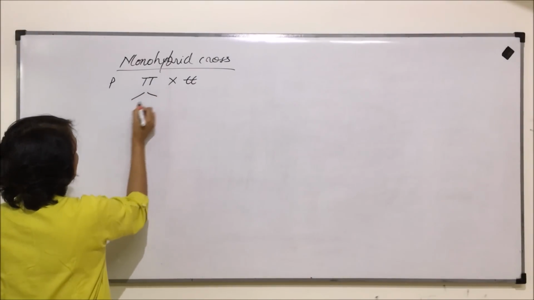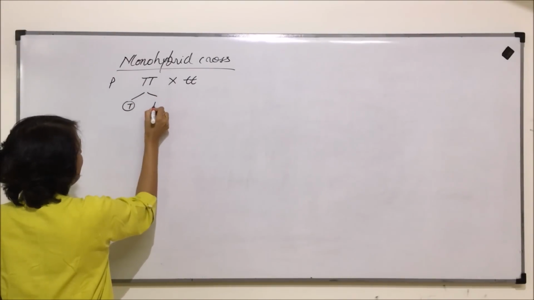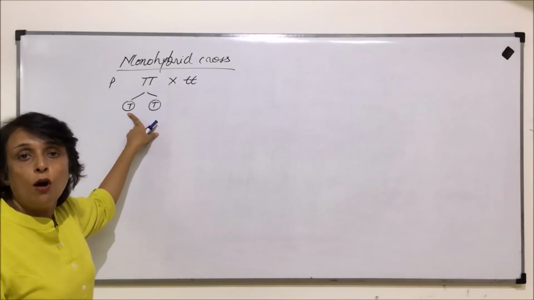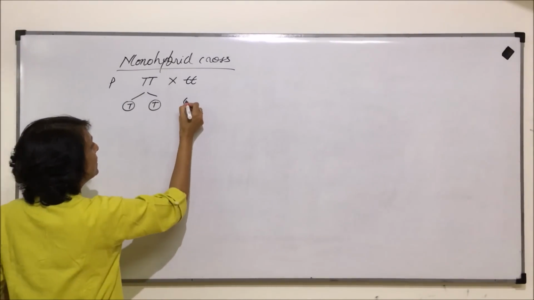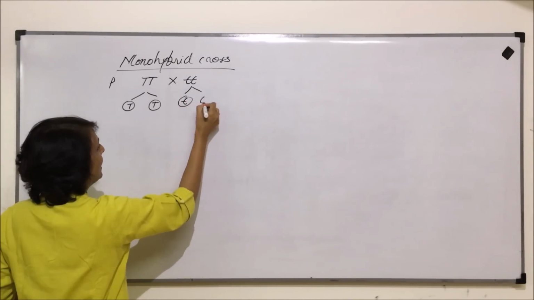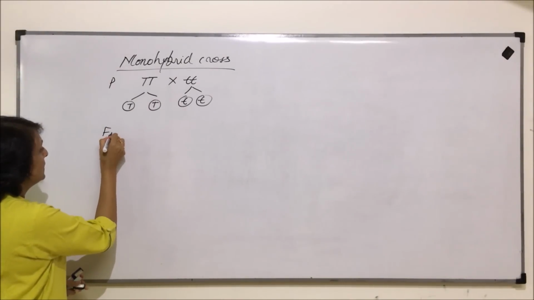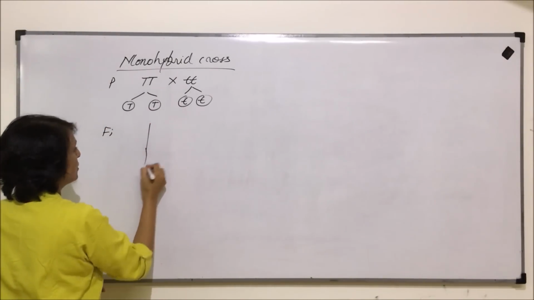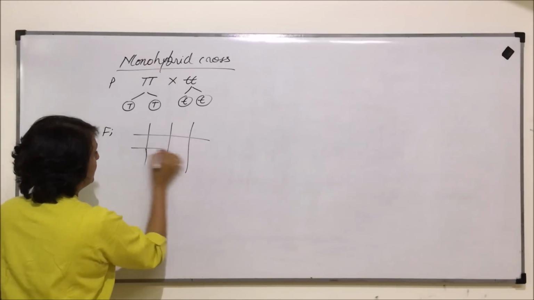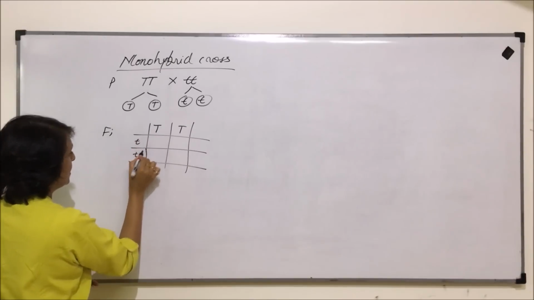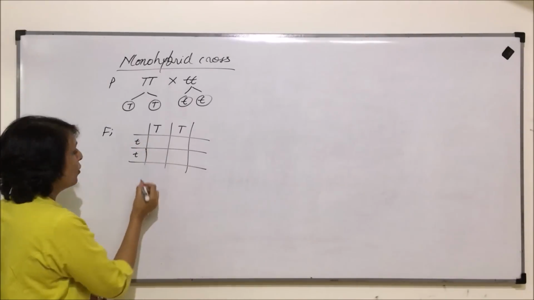The gametes produced by these plants would be each one with the dominant allele, and here each gamete would have the recessive allele. In F1, if we plot the Punnett square, the ratio that we get after placing these gametes is going to be 4:0.